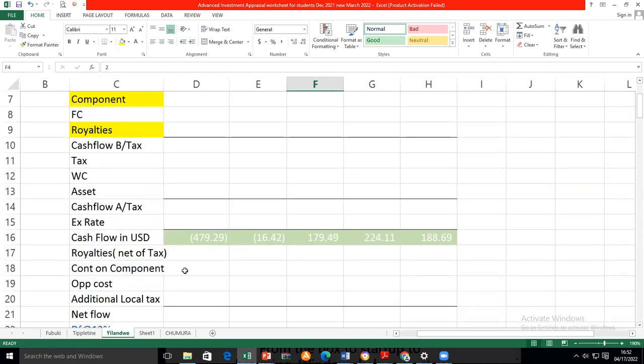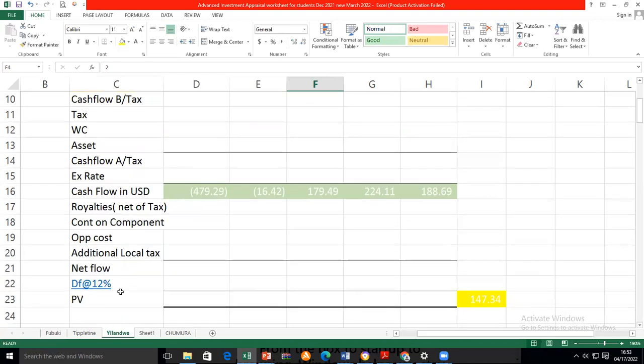There's the exchange rate, and after the exchange rate we convert all these cash flows into US dollars. Then at the head office, there are some relevant costs, including the royalties, contribution on the components, and the opportunity cost. I've also put a line for additional local tax, although there's nothing here. We've got the net flow, discount rate, and the PVs.